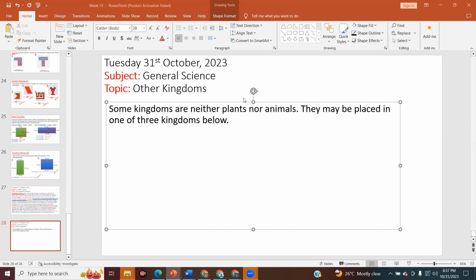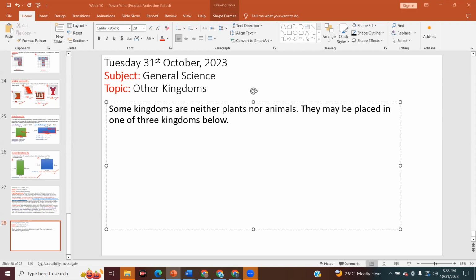People typically think it's just plants and just animals. Now there are some organisms that don't fit precisely into any of those categories. We'll be talking about 3 organisms that don't fit either plant or animal. They are just their own kingdom.